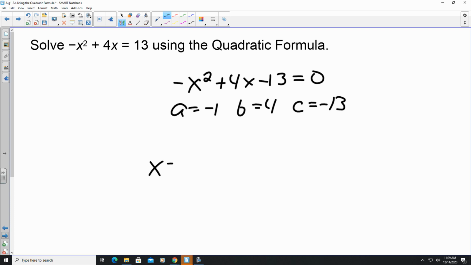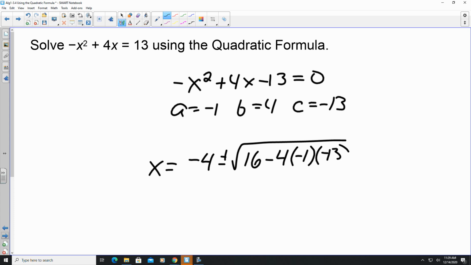Put it into the equation, x equals negative 4 plus or minus the square root of b squared, which is 16, minus 4 times a, which is negative 1, and c, which is negative 13, and the whole thing's divided by 2 times a, which is negative 1.